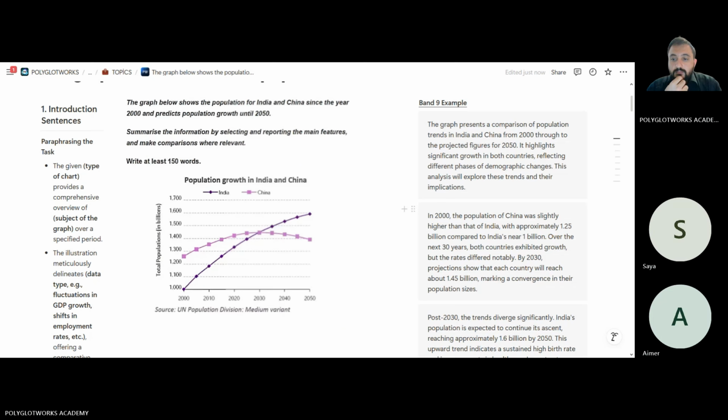Convergence. What does it mean? Convergence. Change. Can you look at 145 in the graph? What's happening there?